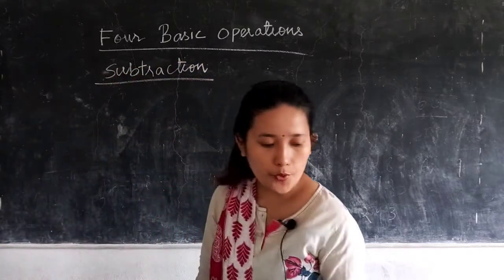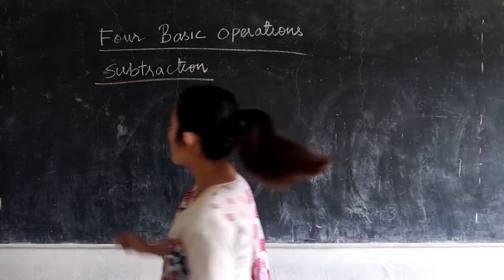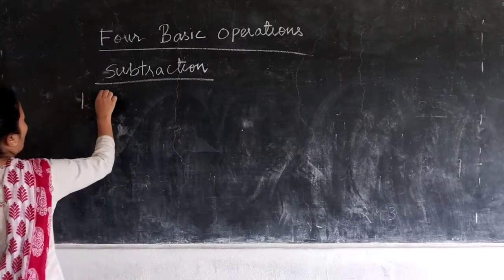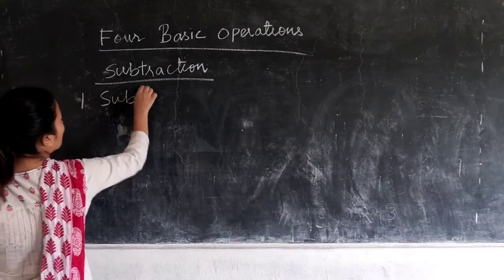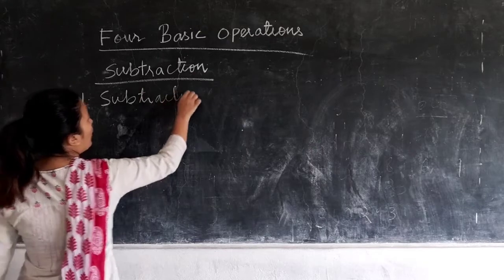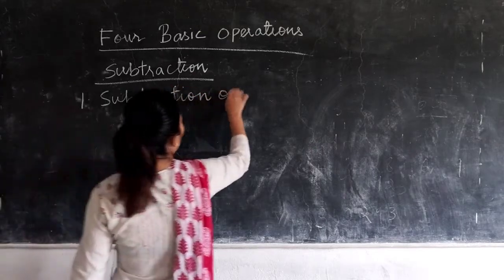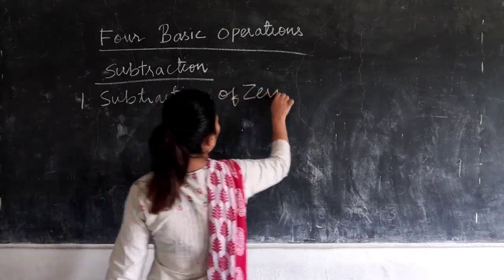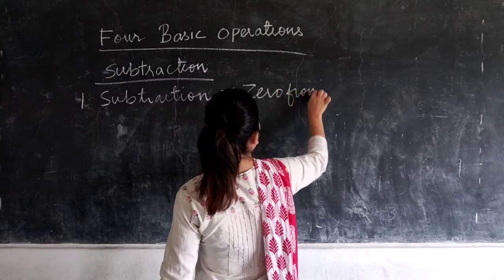So the first property is subtraction of 0 from a number.